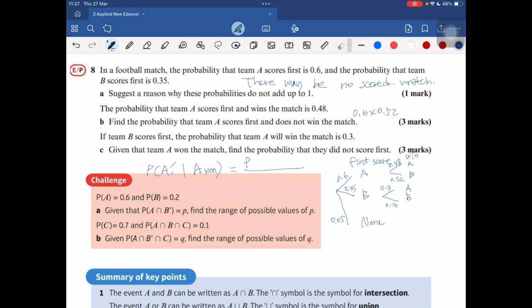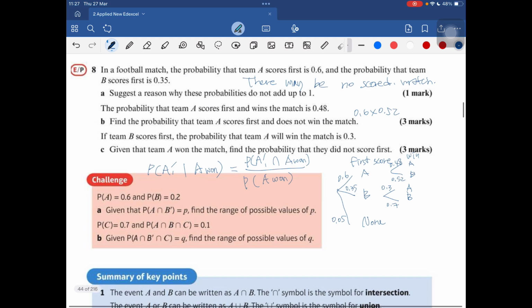So the probability of B scoring first and A winning, and the probability of A winning: 0.35 times 0.3 over 0.6 times 0.48 plus 0.35 times 0.3. This is all the cases of team A winning. So yeah, that's it.